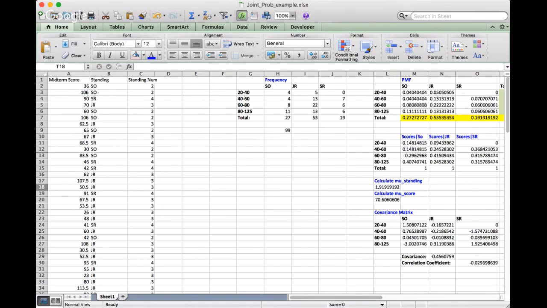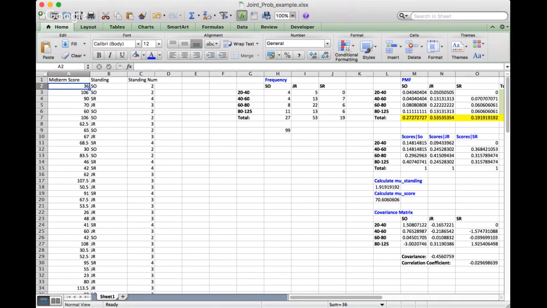Okay, so remember what we did: we took all of these standing and score pairs, imported them into another Excel spreadsheet, and sorted by midterm scores. So we had scores running from lowest to highest, and then we counted the number of sophomores in the range 20 to 40, then the number of sophomores with a score in the 40 to 60 range, 60 to 80 range, and 80 to 125 range.